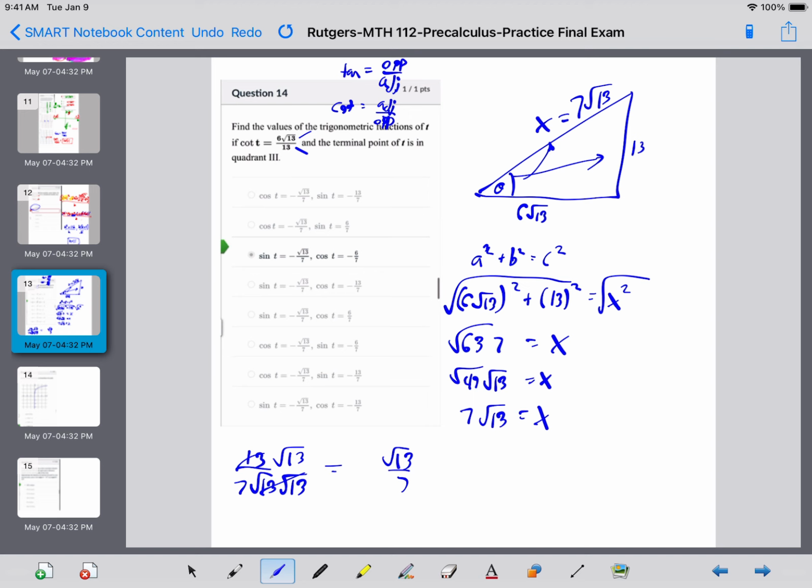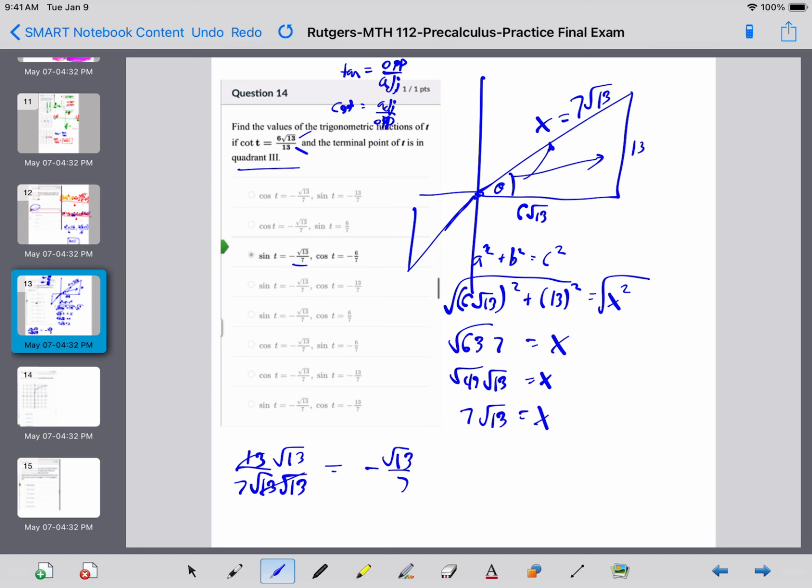And obviously, if this is in quadrant, well, cotangent is positive, so it could either be in quadrant 1, or it could be in quadrant 3, right? It seems like if this is the right answer, it would be quadrant 3. Oh, it says quadrant 3. That's why.